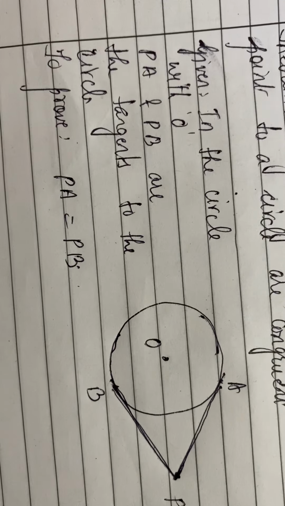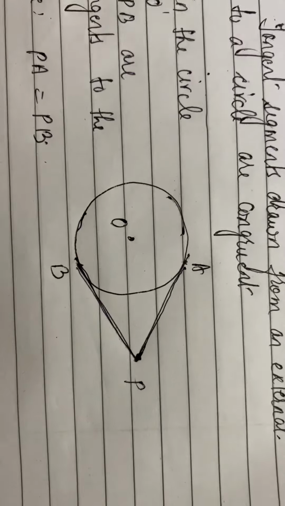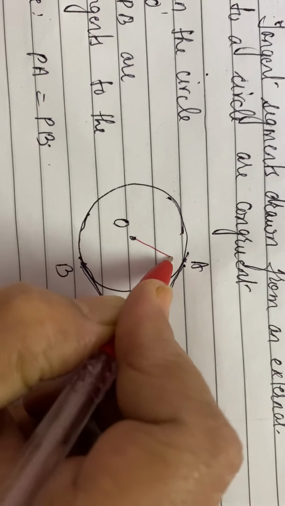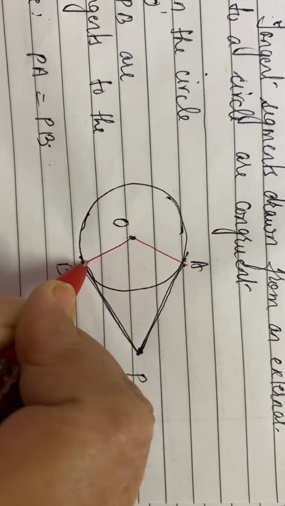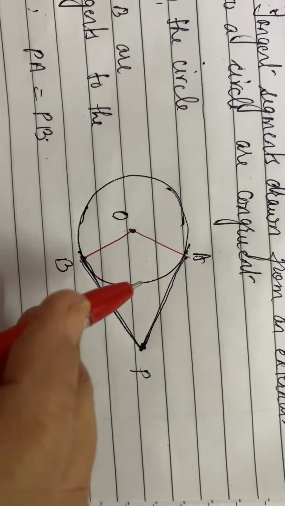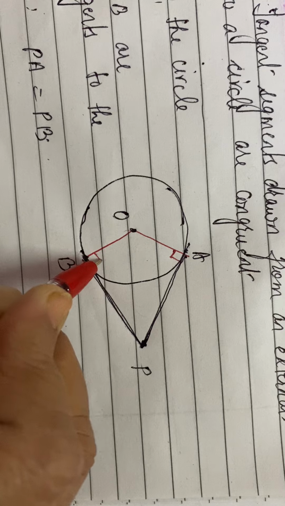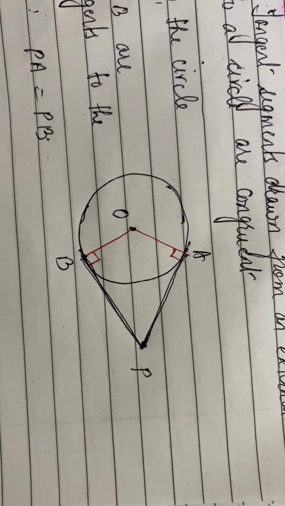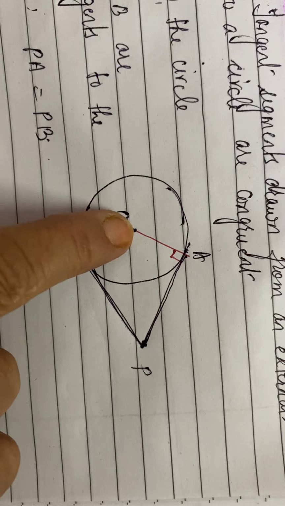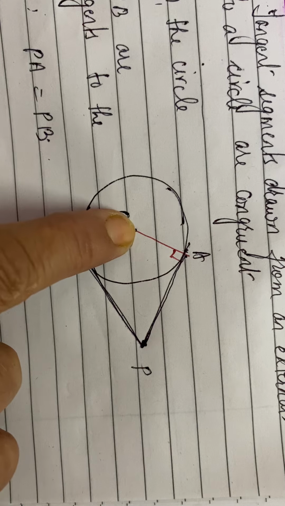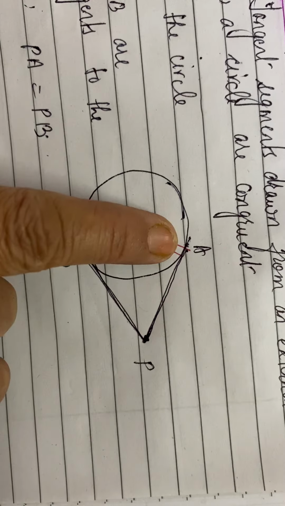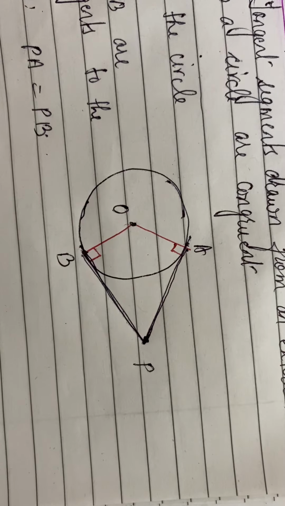Now for that purpose, what we do is, we join this OA and we join this OB. Now this angle A is of 90 degree. This angle B is also of 90 degree because the radius of a circle is always perpendicular to the tangent at the point of contact.